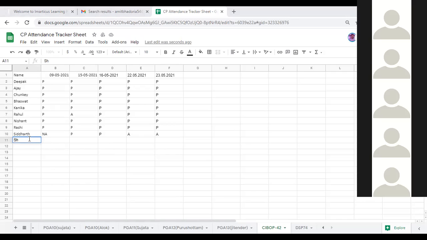Shreya, right? Yes, sir. Okay. This is the 23rd, right? Yes, sir. Fine. Right. So only Siddharth is not there. Rest all are there. So I save it.